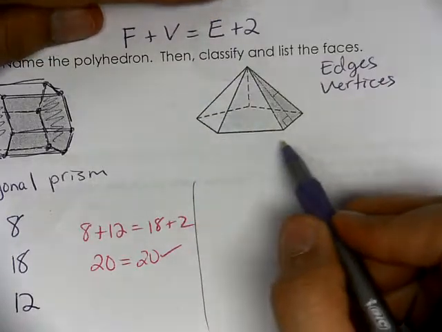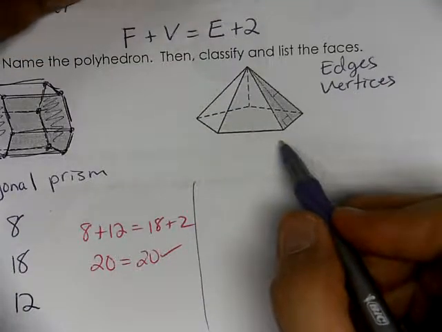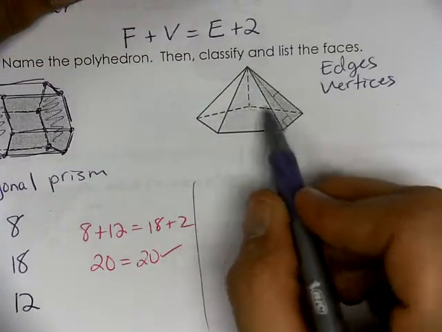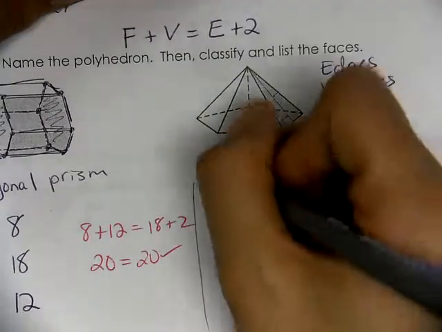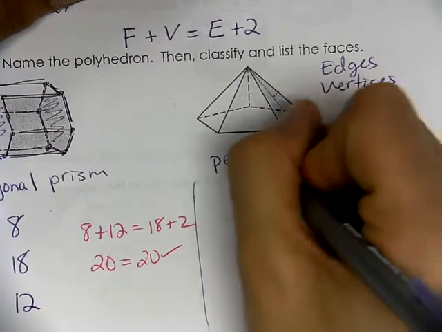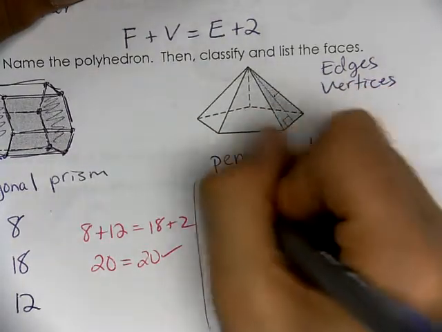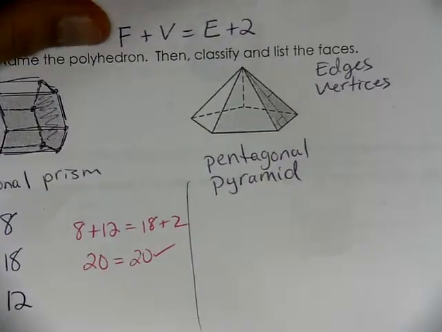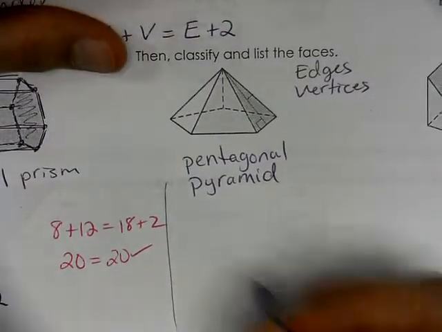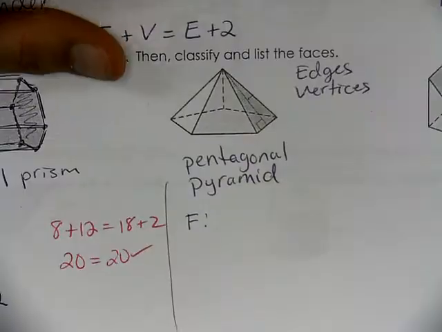Next one's this guy. Is this a prism or a pyramid? Pyramid. The bottom is a 1, 2, 3, 4, 5-sided figure. Yeah, so this is a pentagonal pyramid. Pentagonal pyramid. So how many faces are there?